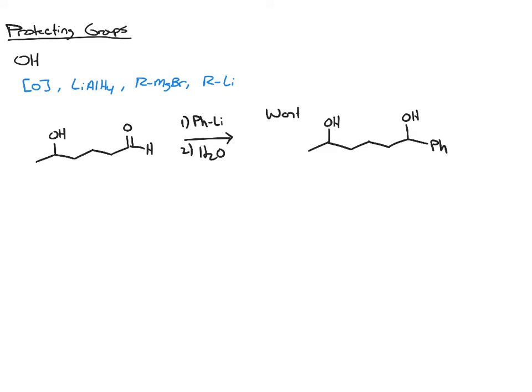Okay, but the problem is that instead that phenyl group will go and react with the acidic proton. So the way around that is just to protect this alcohol. So for alcohols, protect them with the silicon group.